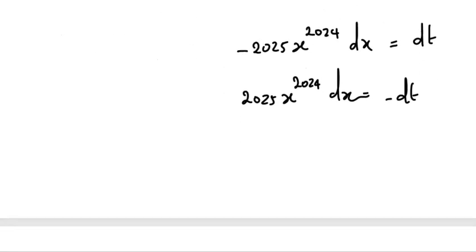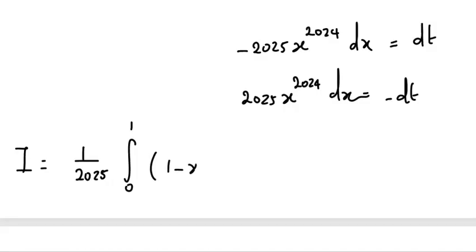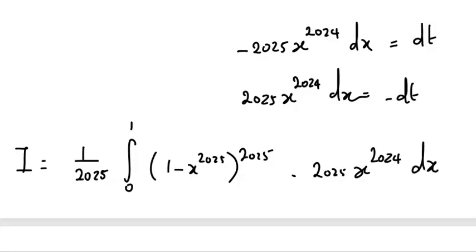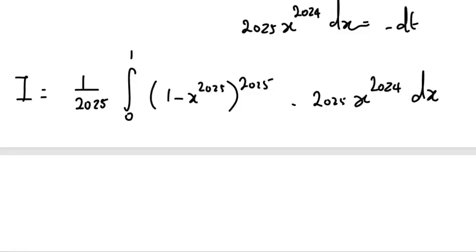So our integral I, don't forget, is equal to 1 divided by 2025 times the integral from 0 to 1 of (1 minus x to the power of 2025) whole raised to the power of 2025 multiplied by 2025 times x raised to the power of 2024 dx. Making our substitution now, we check our new limits.